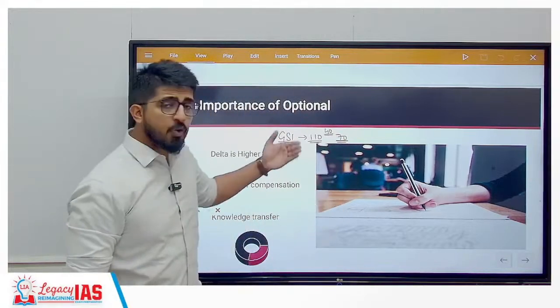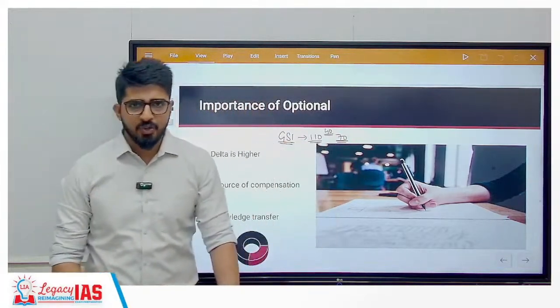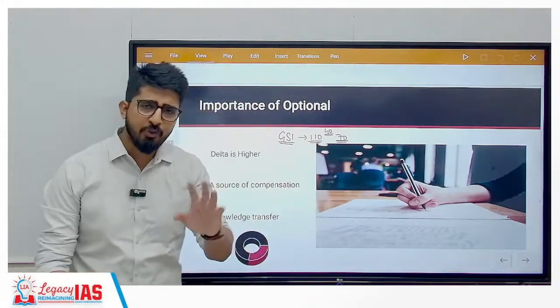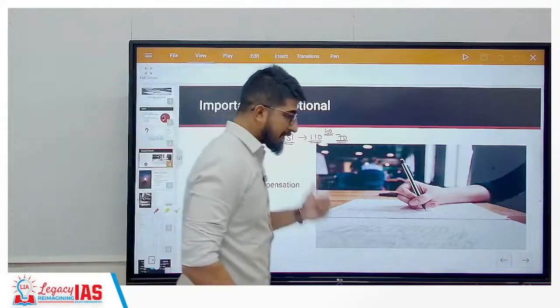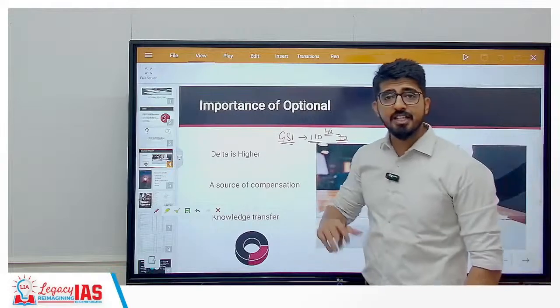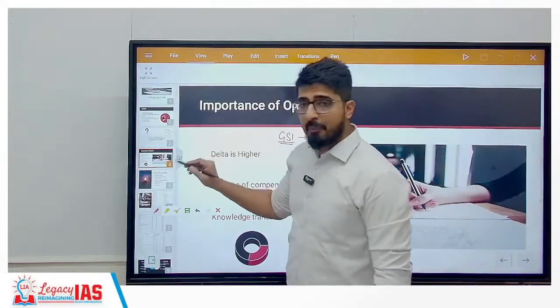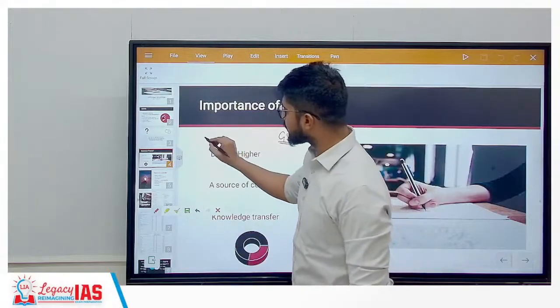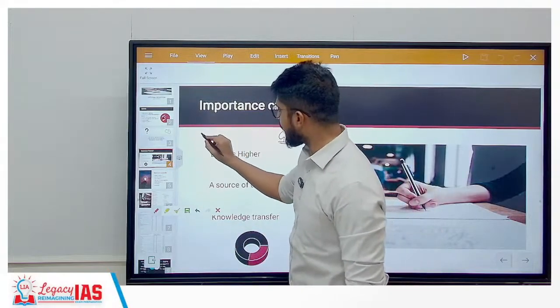So the delta for almost every other subject out of 250 would be 40, 45-ish. But when it comes to the optional subject, in each paper, the delta is very, very high. A person who has chosen a particular optional, any optional for that matter, the high score can be as high as, let's say, 180.